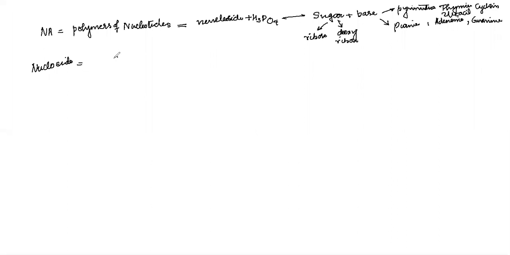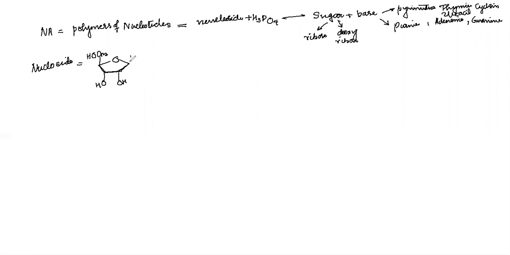We'll take the ribose sugar. This is a ribose sugar with CH2OH here, and then OH down over here. So we have kept the OH.